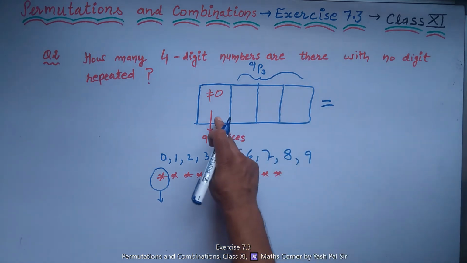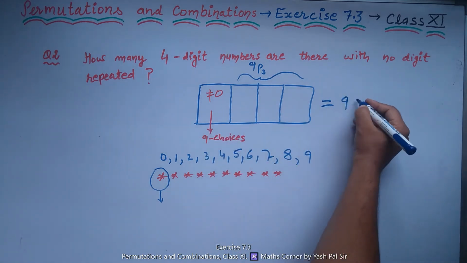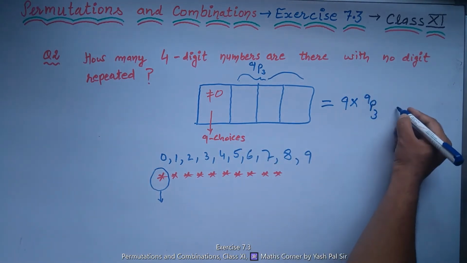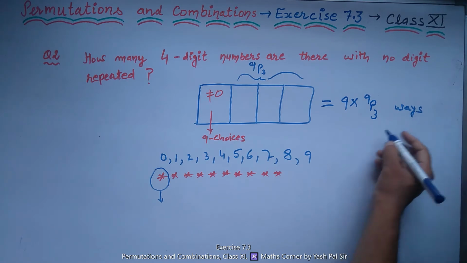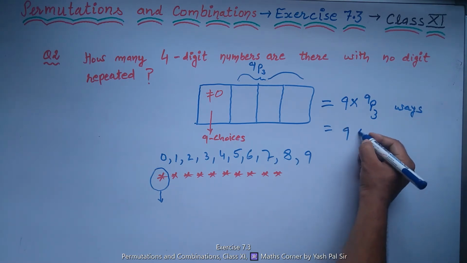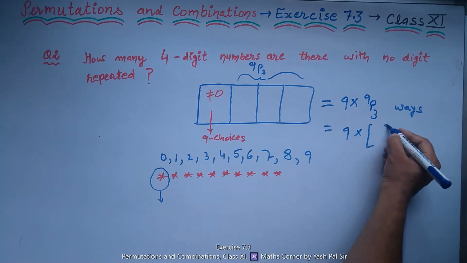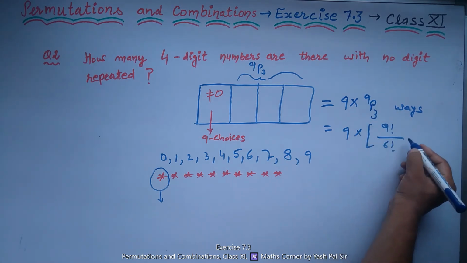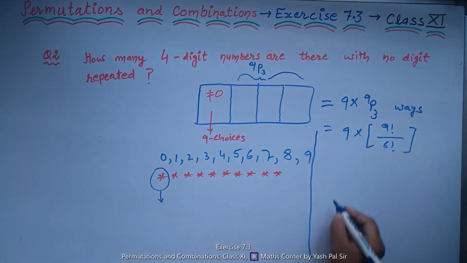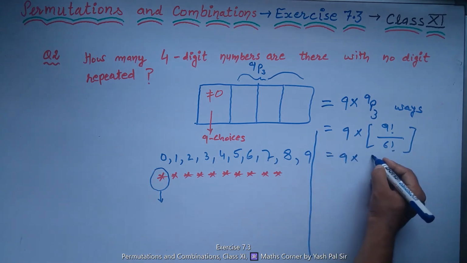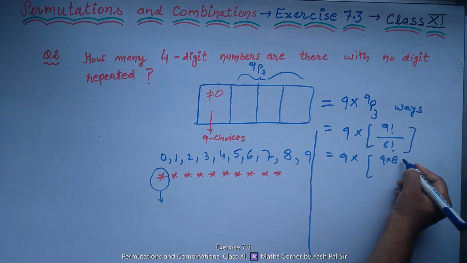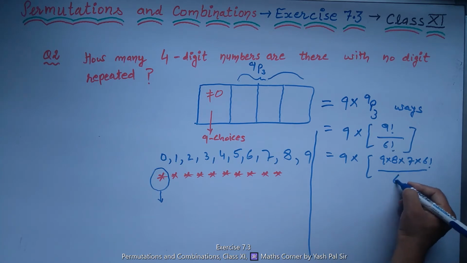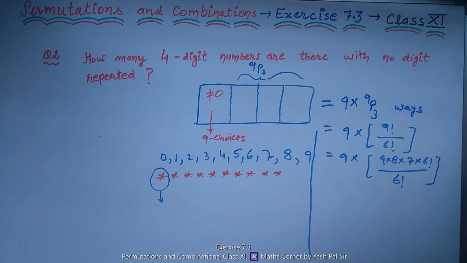So this way, how can we find the result? This is equal to, first of all, writing 9 into 9P3, 9P3 ways total. So this way we have 9 into 9P3, which means 9 factorial divided by (9 minus 3) factorial, which is equal to 9 into 9, 8, 7, 6 factorial divided by 6 factorial, right?